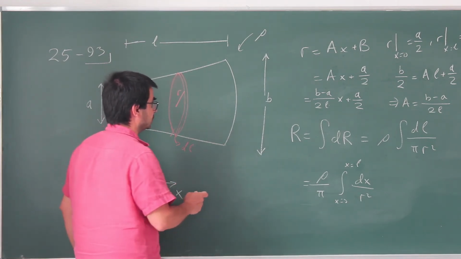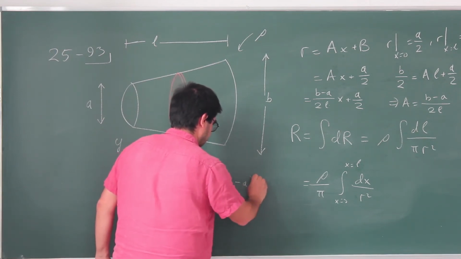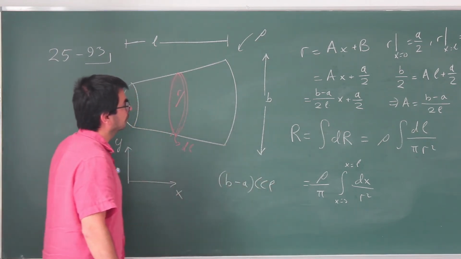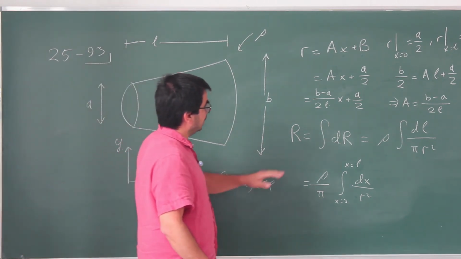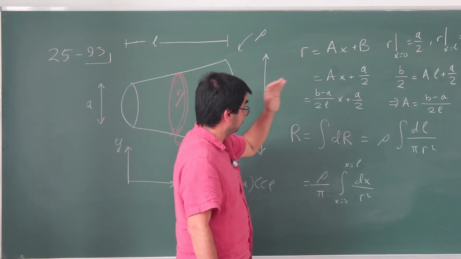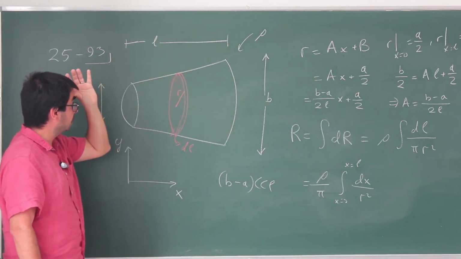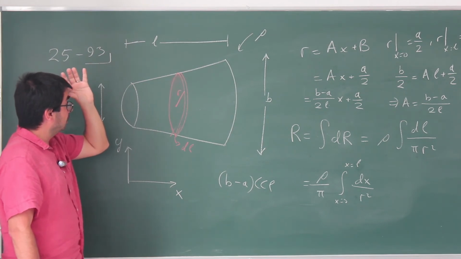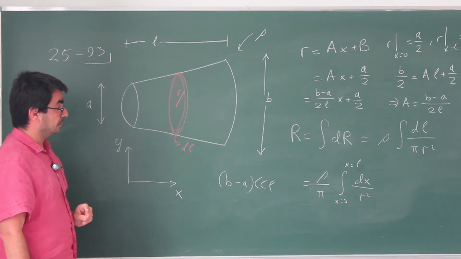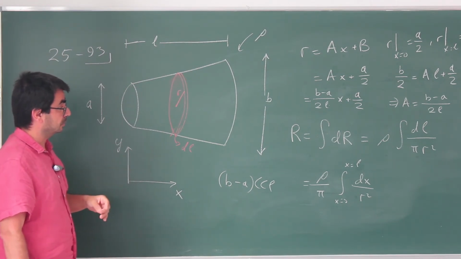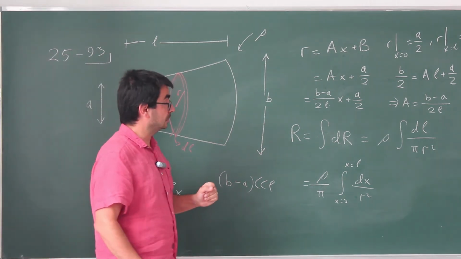But we are given this condition that b minus a is much smaller than L. So that will kind of kill this, but then we lose all dependence on b, so we can't really use it here. Yeah, I think you just need to take this tedious integral. It is straightforward, but it's going to take some time to work through this. And I'm not going to do it in this video.